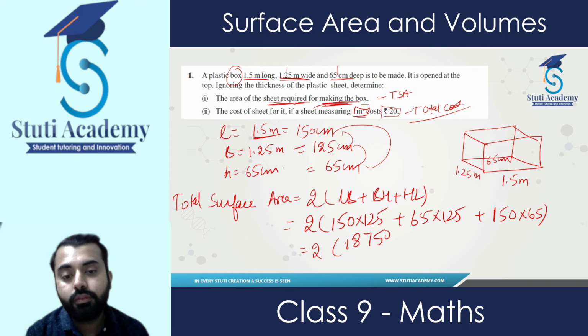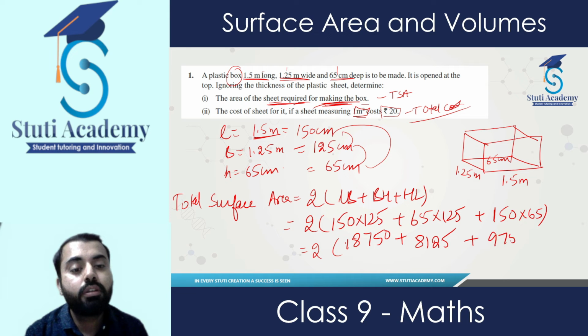150 into 125 is 18750. Then 65 into 125 is 8125. And then you have 150 into 65, which is 9750.